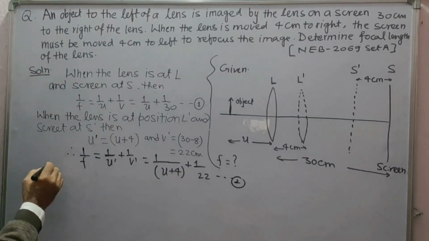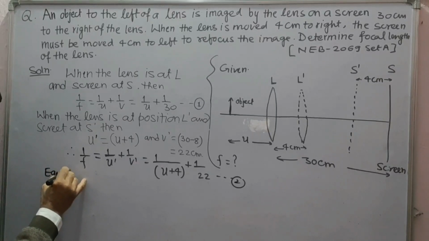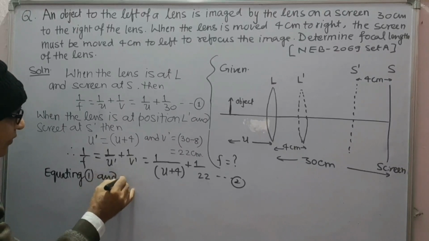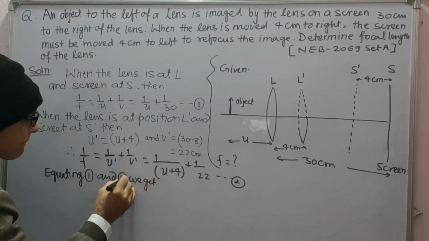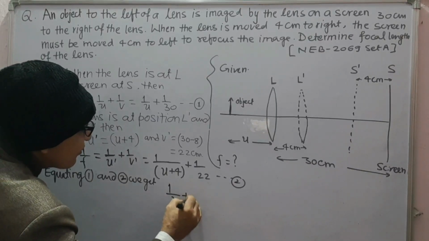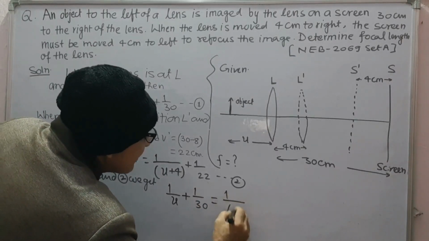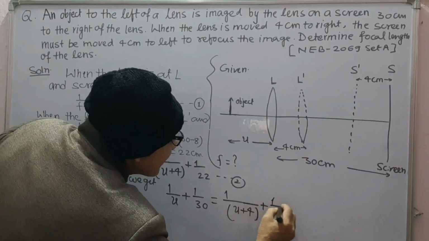Equating 1 and 2, we get 1 upon U plus 1 upon 30 is equal to 1 upon U plus 4 plus 1 upon 22.